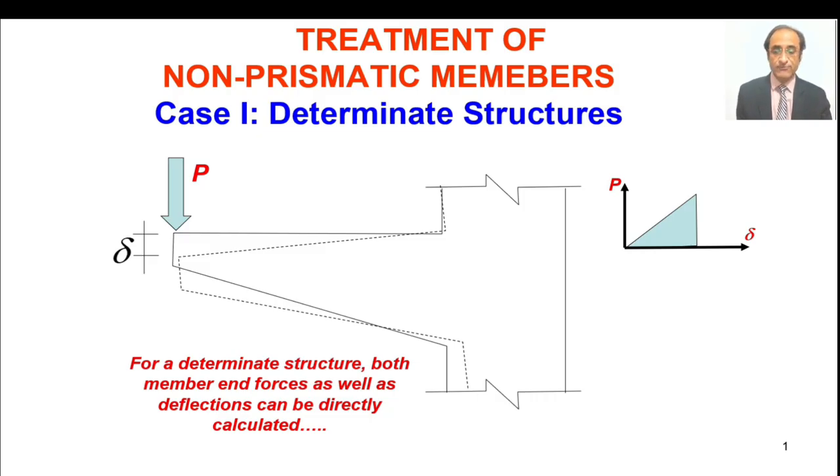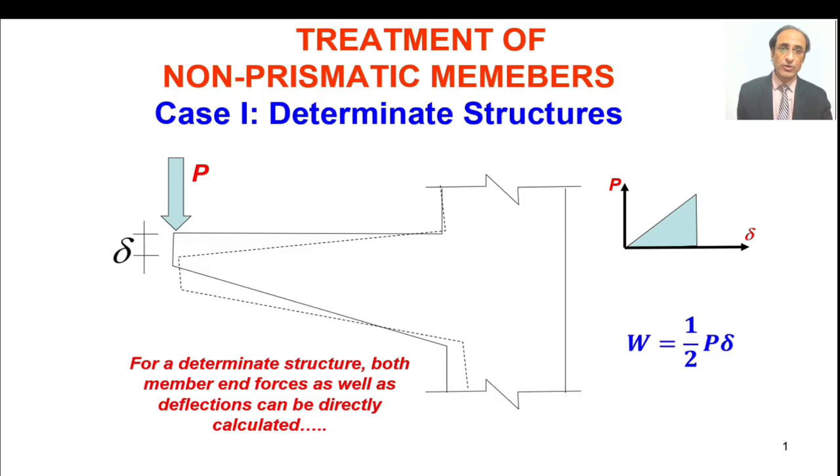Typically, if force P acts and under P there is a displacement delta, assuming that both the force and the corresponding displacement, which are elastic, have increased gradually, then the work done by the force is half P delta. This is because it's basically the area under the P delta curve.